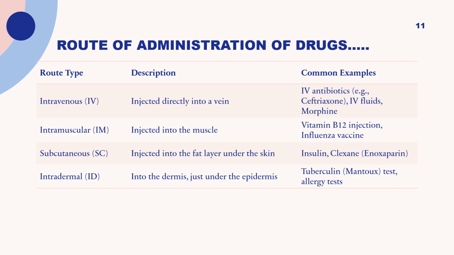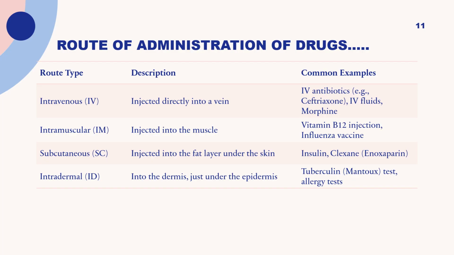Next one is subcutaneous. We use the abbreviation SC. It's injected into the fat layer under the skin. This is also a very commonly used route of administration among nurses because of insulin. Insulin is given through the subcutaneous route.